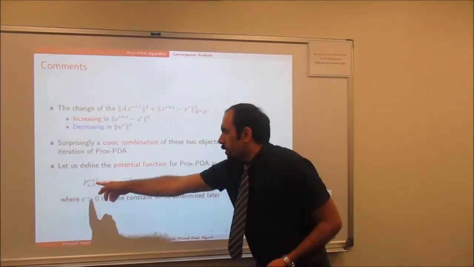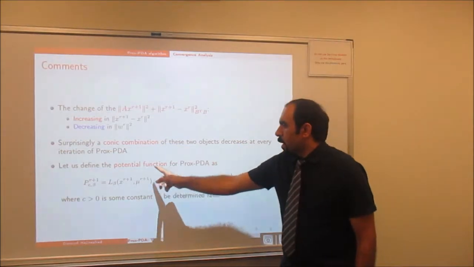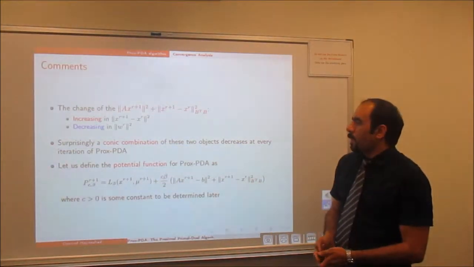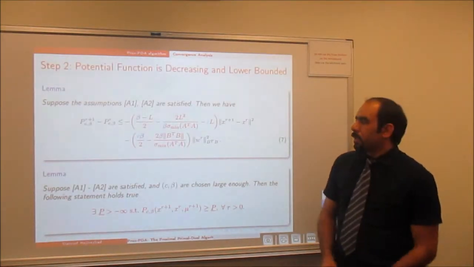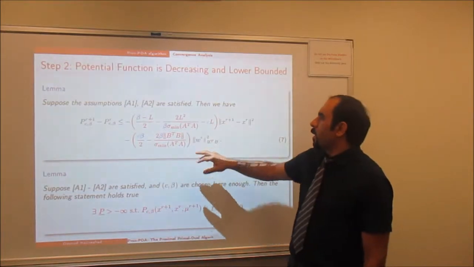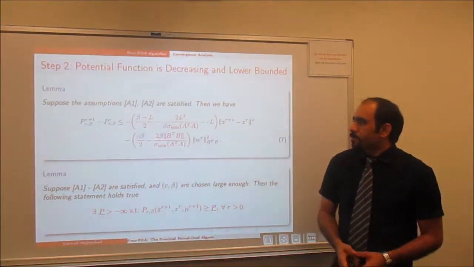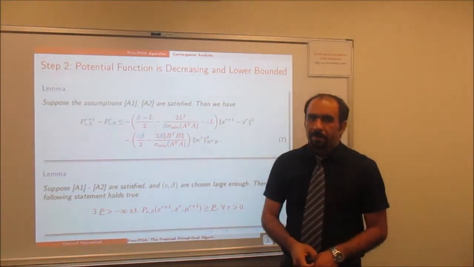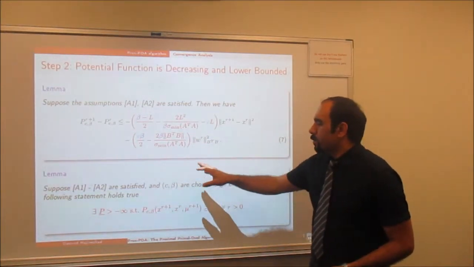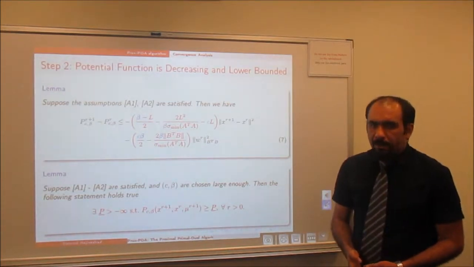So we define the potential function as a conic combination of the augmented Lagrangian plus this term. And here is the result. The potential function is decreasing as long as beta and c are picked in an appropriate manner. And we can also simply show that this potential function is lower bounded.